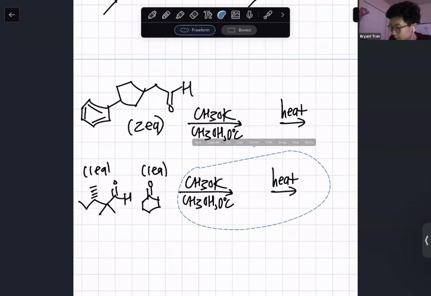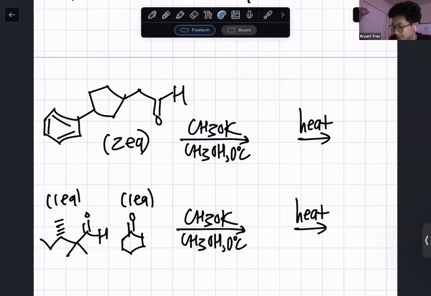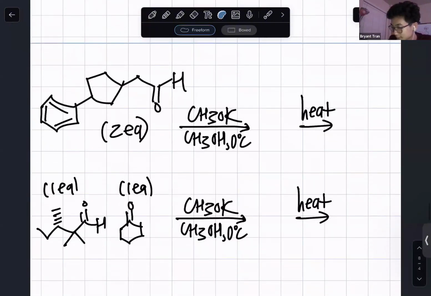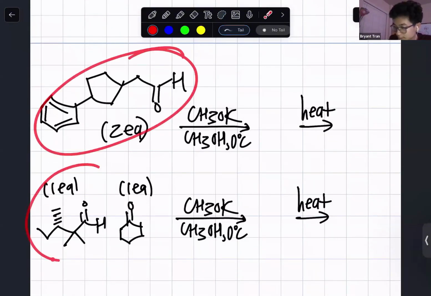Here's another one for you to try out: 2 equivalents of the starting material, 1 equivalent, and 1 equivalent reacting with each other.